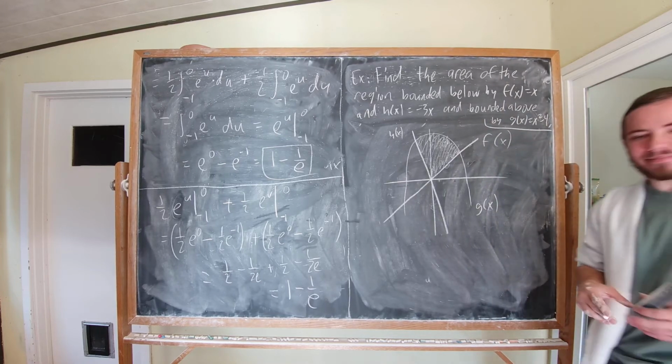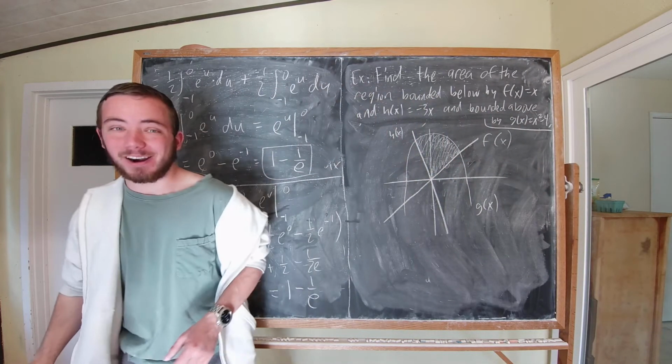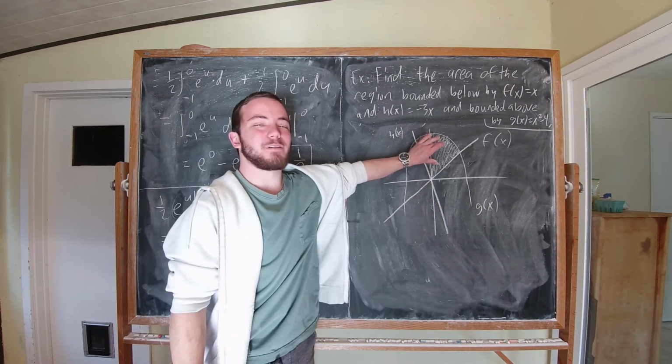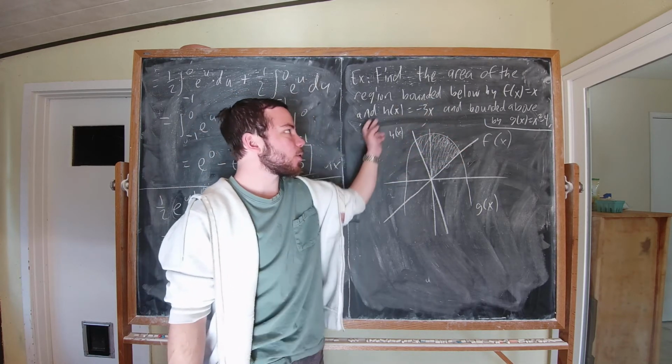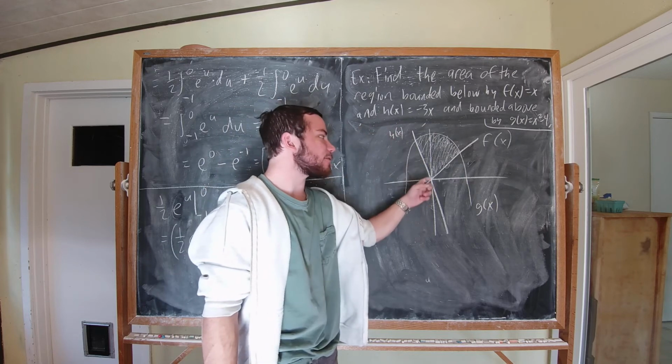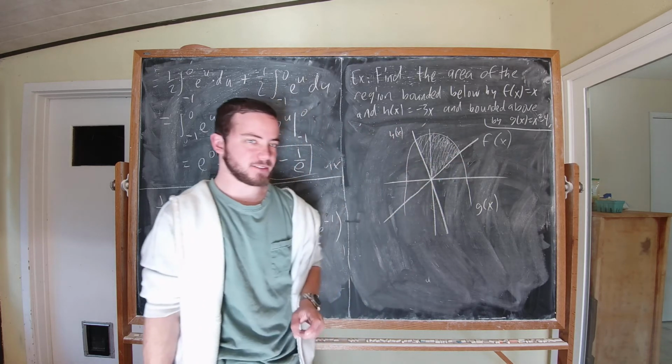All right, there we go. That's a better way to phrase it, so that way we know we're referring to specifically this area. It's bounded above by x squared minus 4, below by negative 3x and positive x.